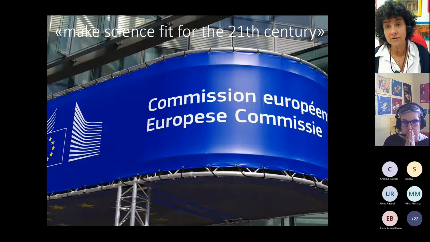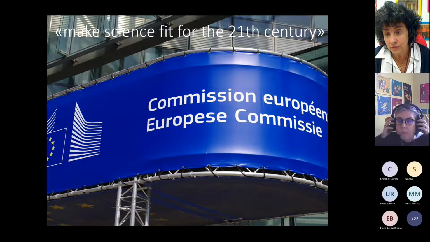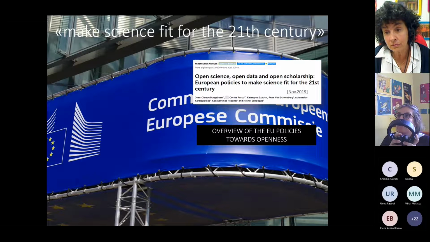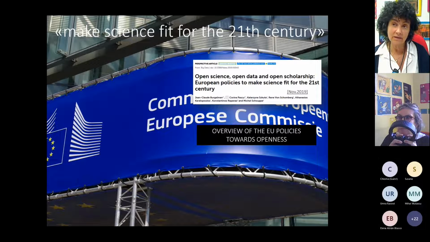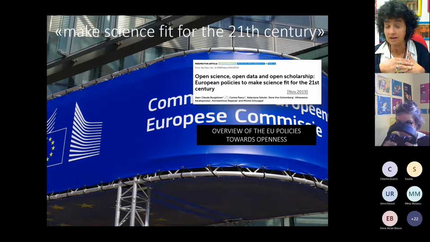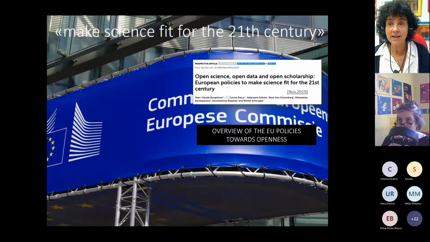Again, it's just an administrative burden. It's just because bad guys in Brussels didn't know what to do, so they came up, out of the blue, with this idea of obliging you to go open. No, it's to make science fit for the 21st century. If you think of it, we are in the era of the internet, in which we can share everything at once and immediately.